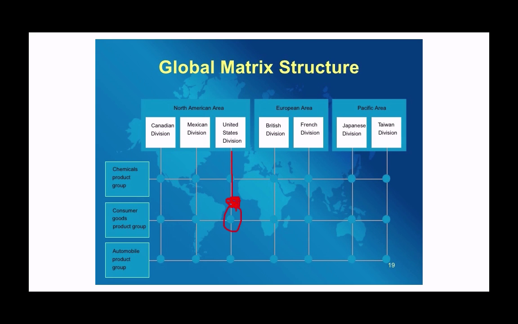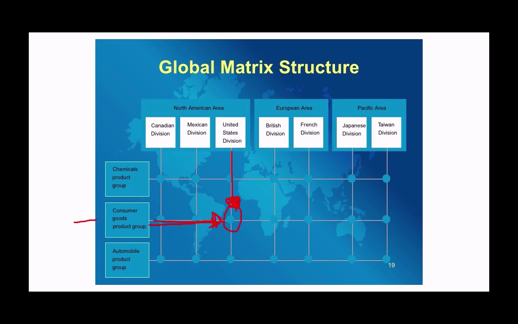But you'd also be getting lots of expertise, support, and assistance from the consumer products people, the experts in consumer products. So you're benefiting, and through your meetings and planning sessions, you're getting two different perspectives, the United States perspective and the product perspective. And you can use those resources as you best see fit to increase sales or whatever it might be for your product.